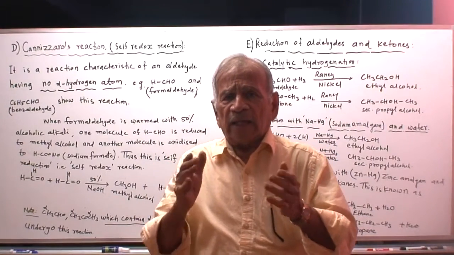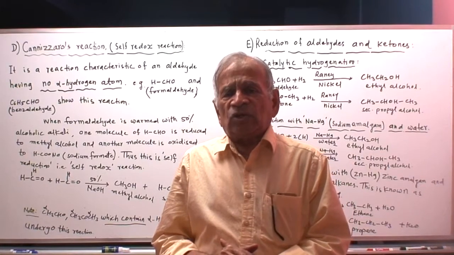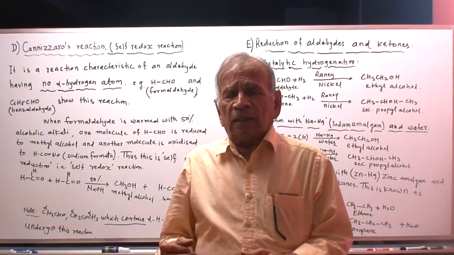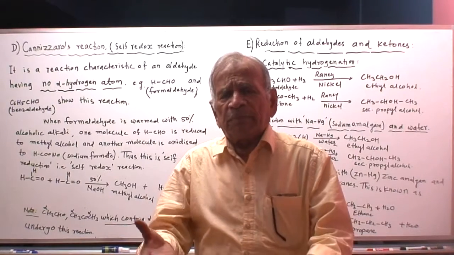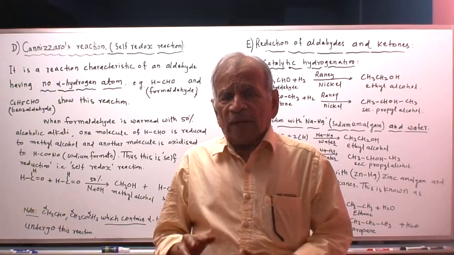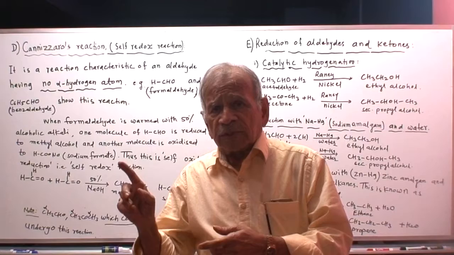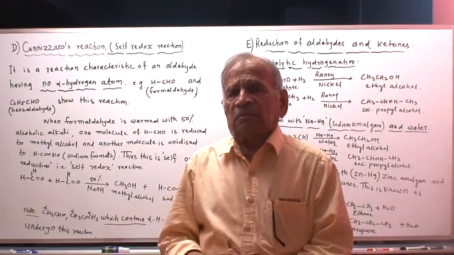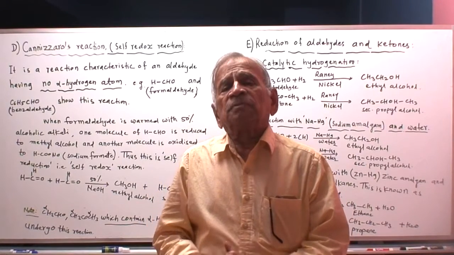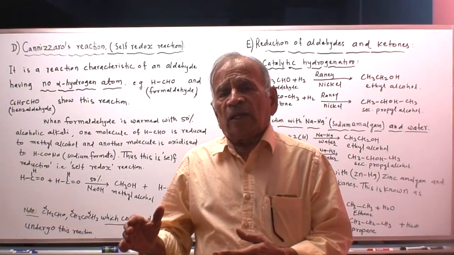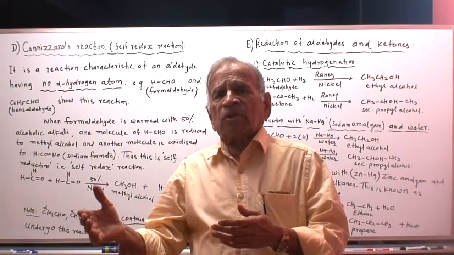When such aldehydes which do not contain alpha H atoms are reacted with 50% alcoholic alkali, for example 50% NaOH, what happens is one molecule of the aldehyde is reduced to the corresponding alcohol and the second molecule is oxidized to the corresponding acid, more correctly sodium salt of the acid.